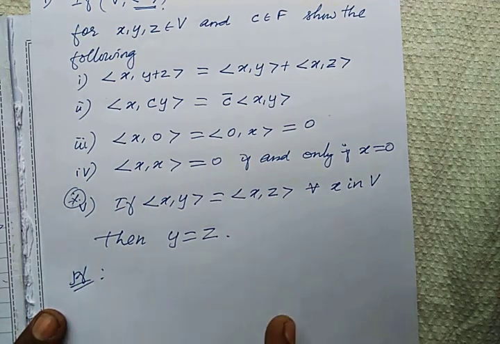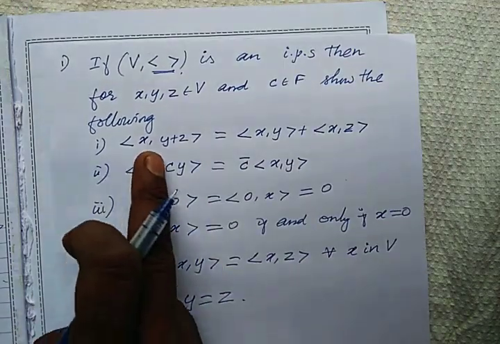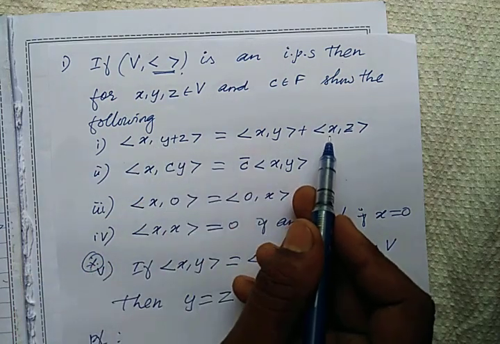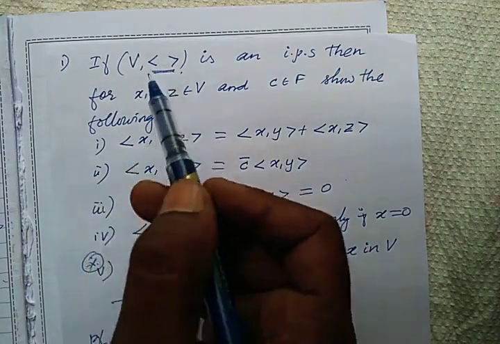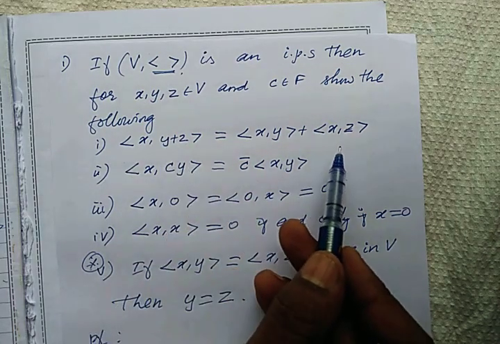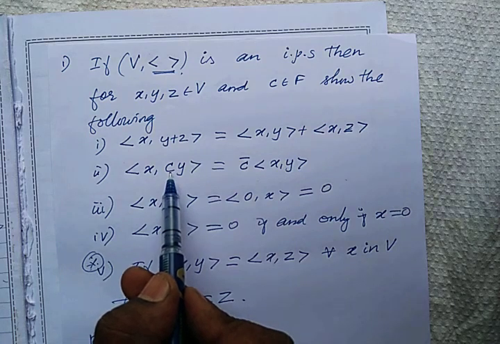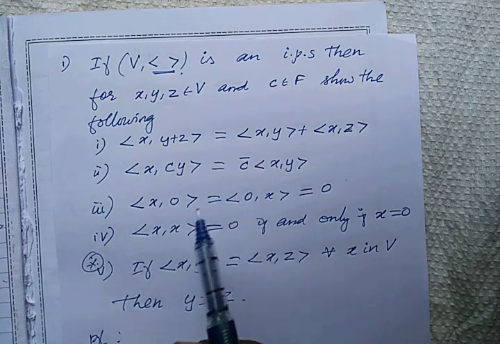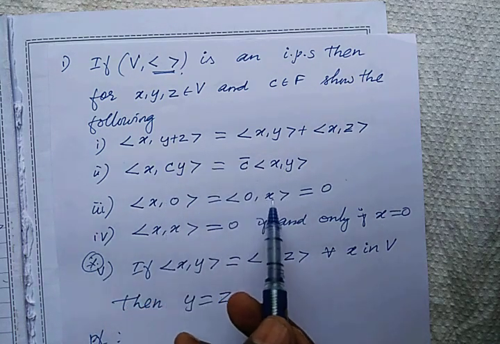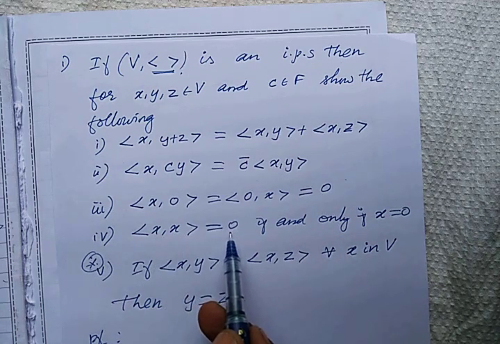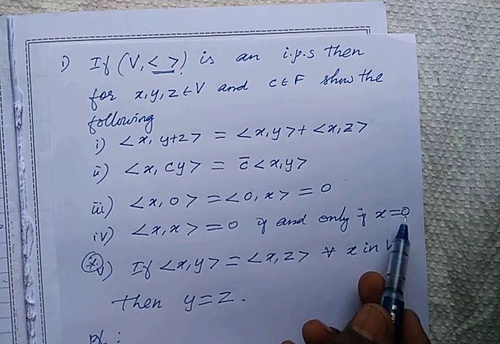Proof. What's the first one? Addition in the second component can be split. If it is an inner product, then addition in the second component can be split. And constants in the second component can be taken out like this, c bar. And if one of the components is 0, the answer is 0. If the inner product is 0, then x must be 0.